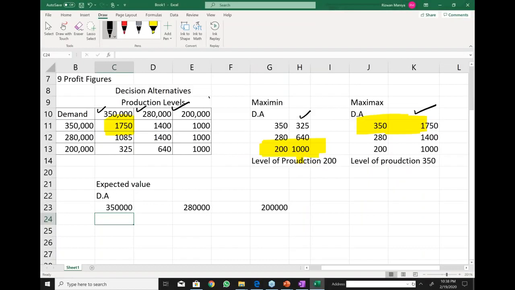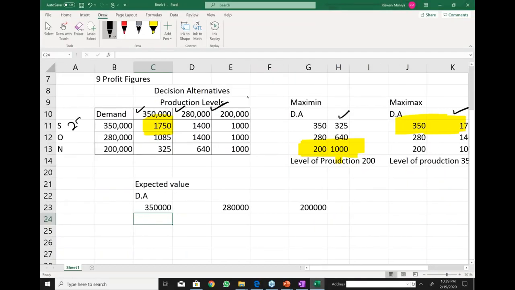So let's write the probabilities here. It's 25, 45, and 30, and the sum of the probabilities equals 1. You all know that, right? So let's apply the expected value formula and do the calculation.